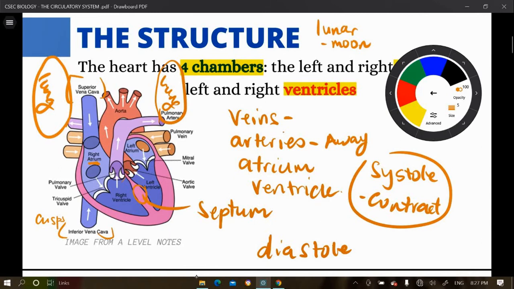The atrium will contract and force the blood into the relaxed ventricle below, which is now the left ventricle. And this time, instead of through the tricuspid valve, it's through the bicuspid valve, or, you know, also called the mitral valve, however you want to pronounce it. Potato, potato, tomato, tomato.